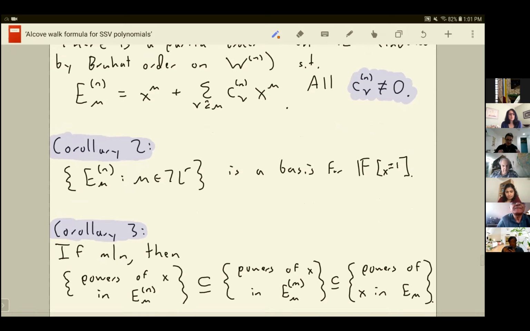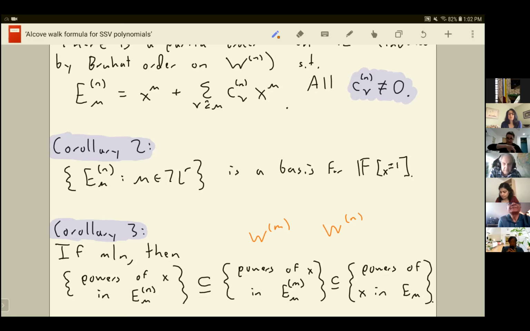Third, this is related to something I was discussing earlier, that if m divides n, then by comparing the Bruhat orders on Wm versus Wn, we can see that they're sort of nested. So the powers of x that appear in E mu n are contained in the powers of x appearing in E mu m.